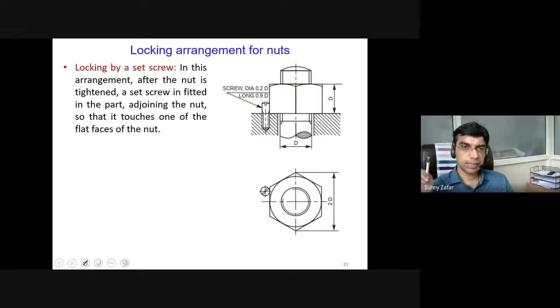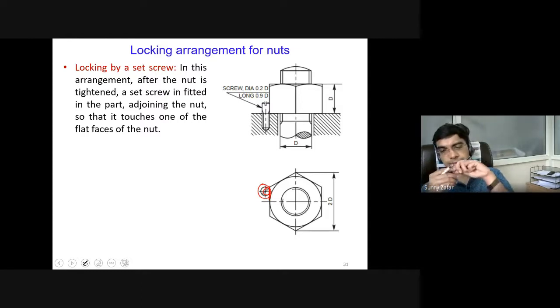Next is another arrangement to show the locking, that is using a set screw. A set screw is an external screw, not integrated with the bolt or the nut. It is fixed so that the top surface of the screw is just touching this nut.